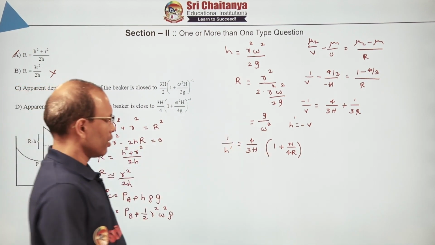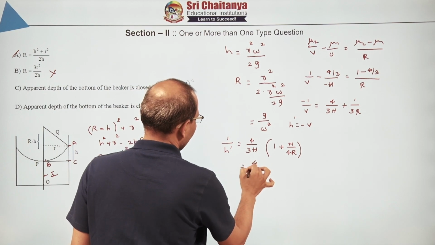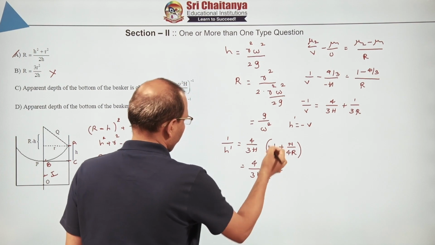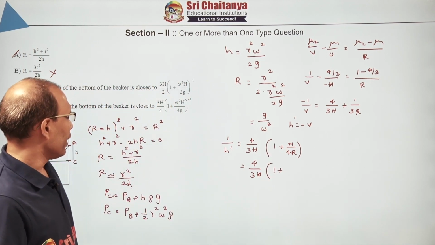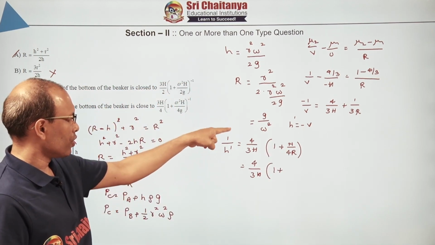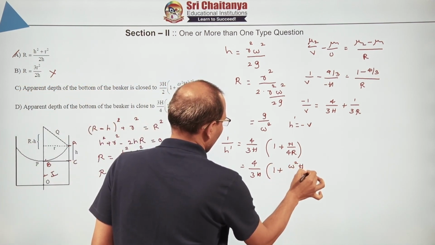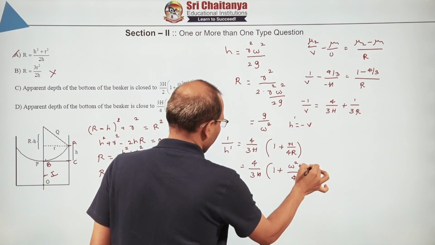Put it in this, we get 4 by 3H into 1 plus H by R. So R value is G by omega square. So this is omega square H by 4G.